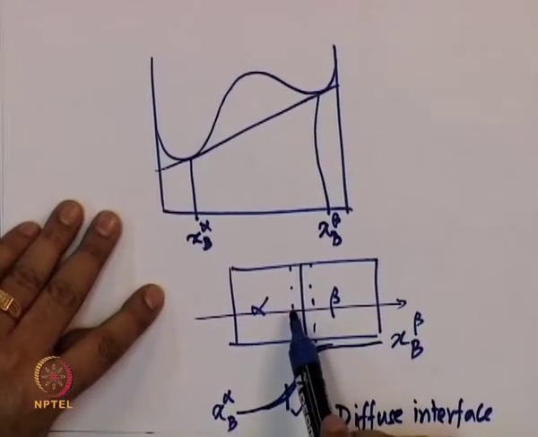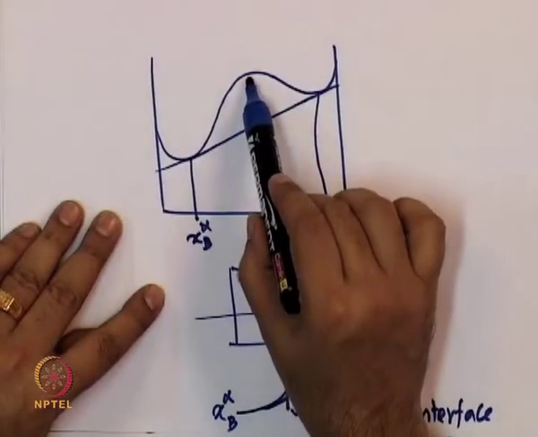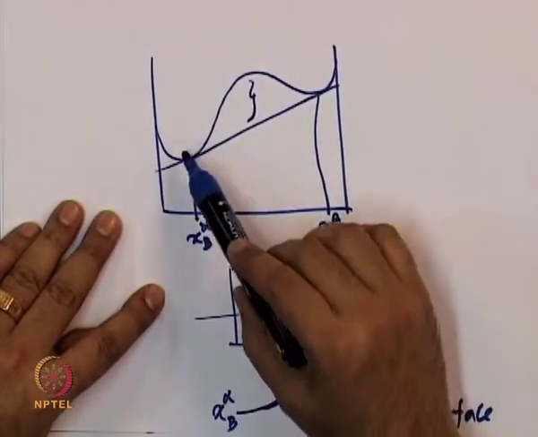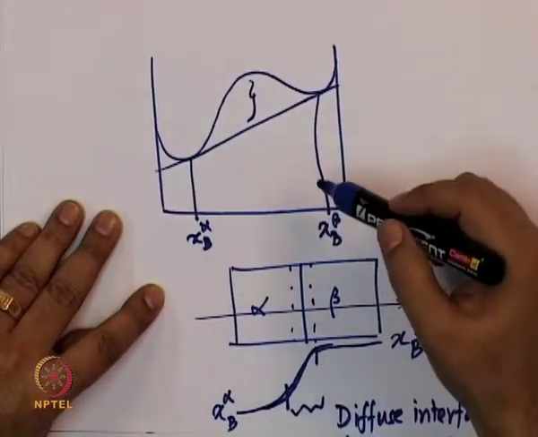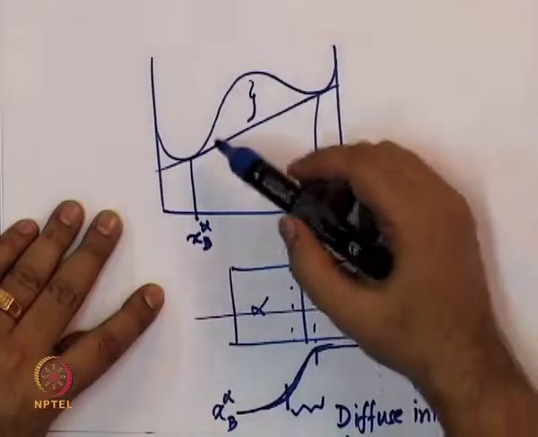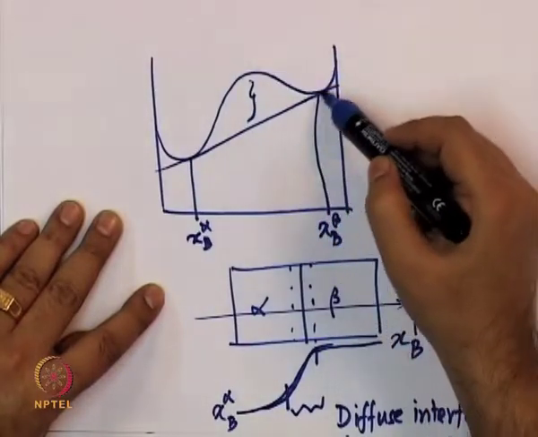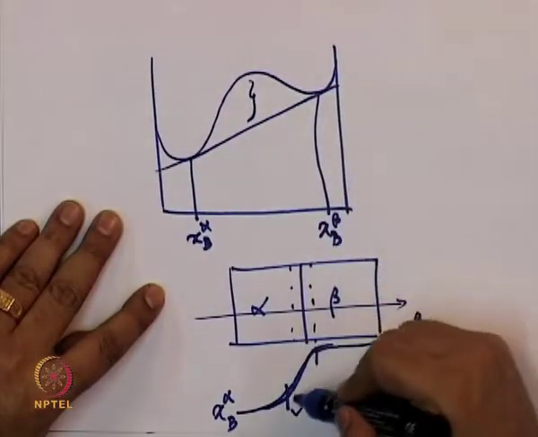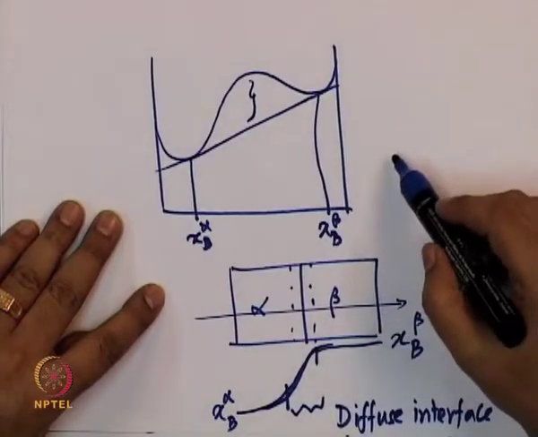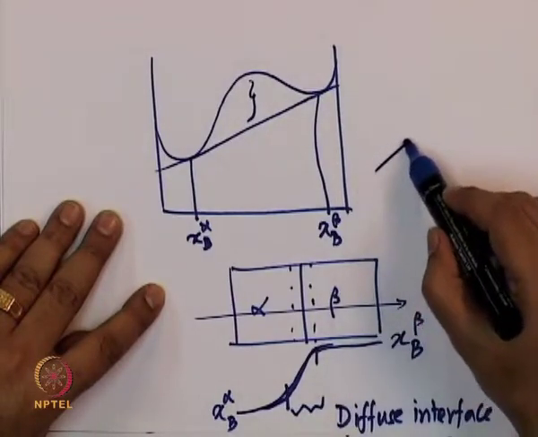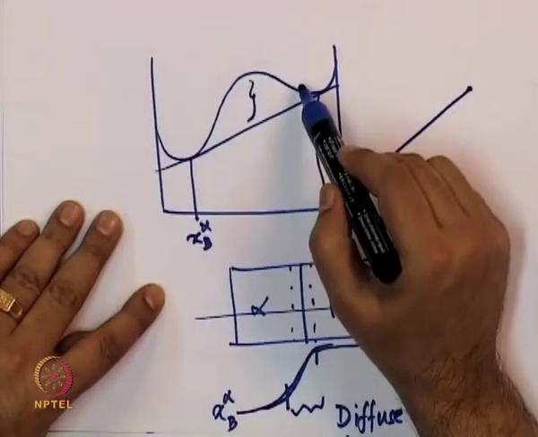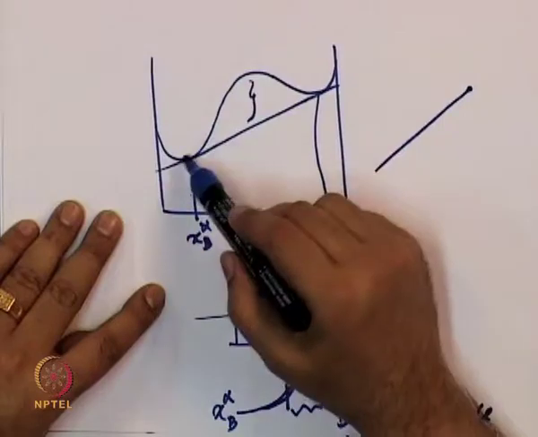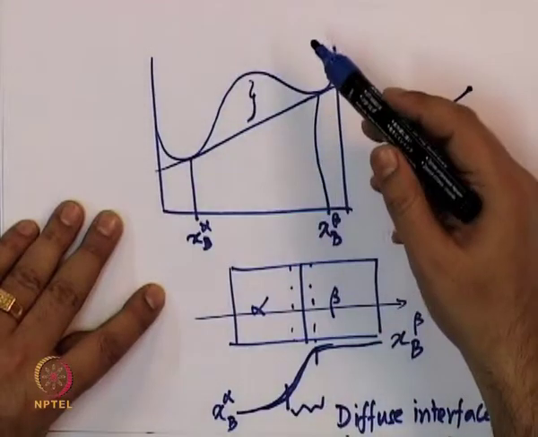And what determines the thickness of this region? It is determined by this barrier height and the kappa. Why? Because suppose this barrier height is very high, then if you try to set up a concentration gradient which is very shallow, then the energy cost associated with having compositions in between these two endpoints is going to rise very high.